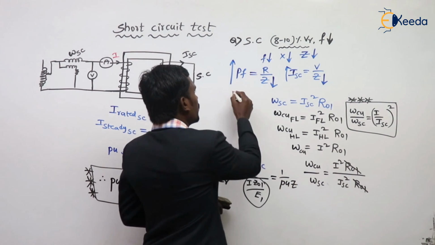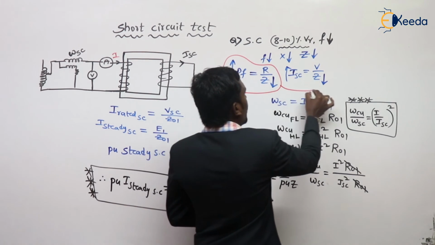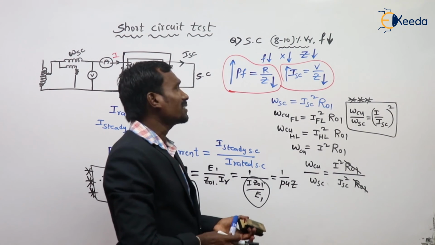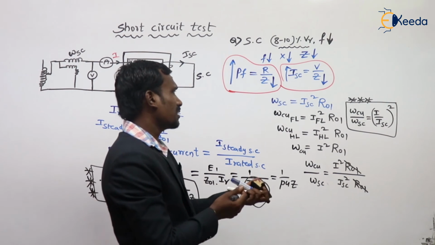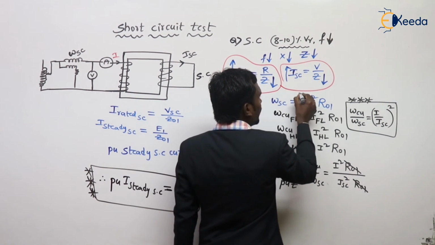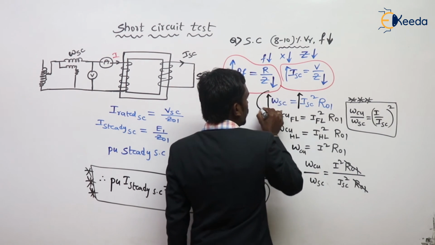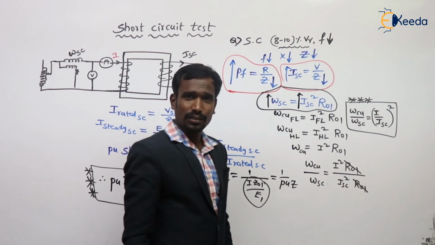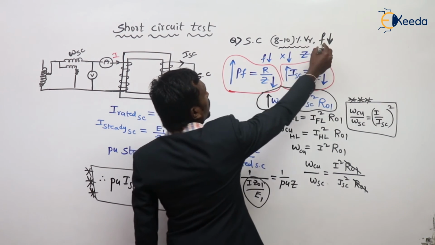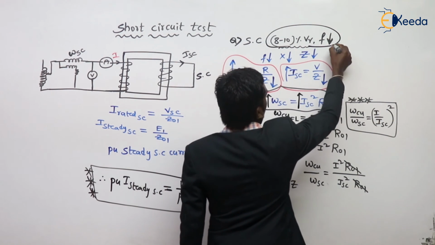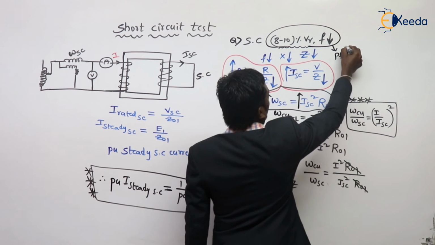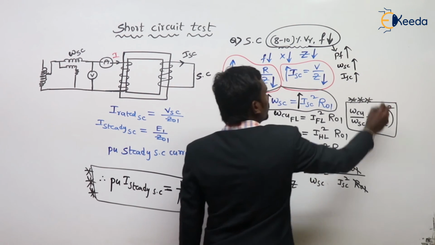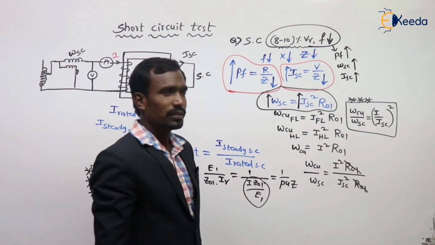One is the power factor, another is the short circuit current, and the next is the short circuit losses, right? When short circuit current increases, short circuit losses also increase. So in this condition, power factor increases, losses increase, and short circuit current also increases.